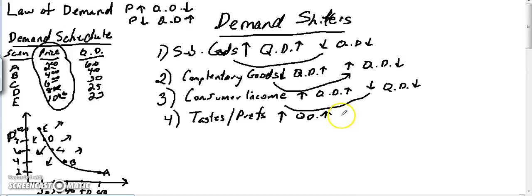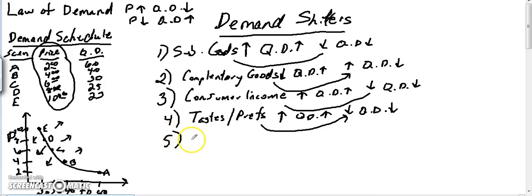And if for some reason I lose my preference for digital copies, then obviously my quantity demanded will also decrease.